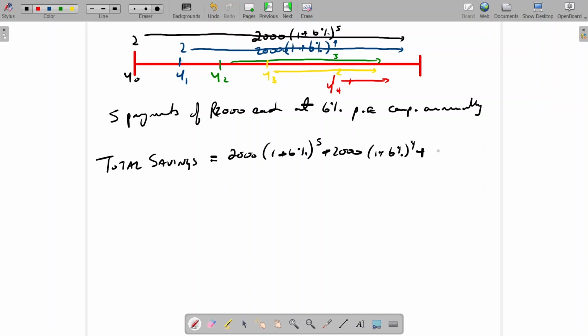And I'm going to repeat this calculation for all of these. 1 plus 6% to the power of 3 plus 2,000 times 1 plus 6% to the power of 2 plus 2,000 times 1 plus 6% to the power of 1.